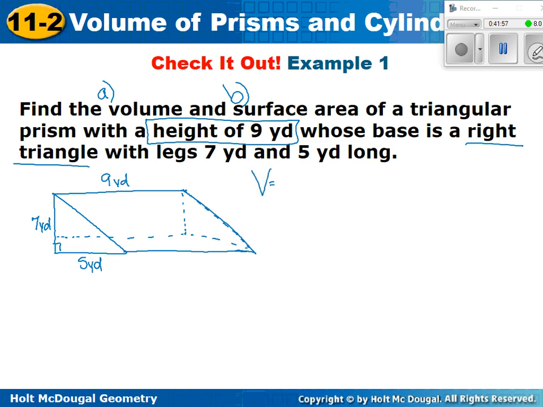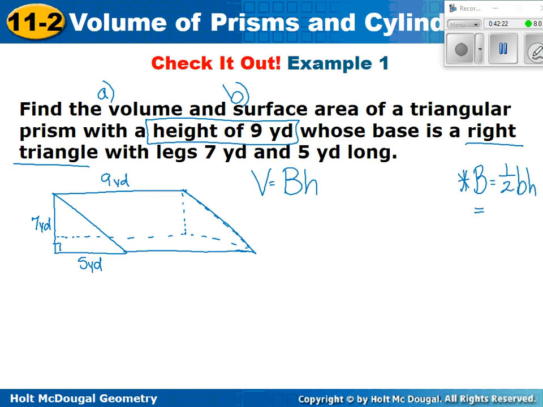So volume today, what's my formula? Capital BH. And we're going to start by finding the capital B. The base is what shape again? A right triangle. What's the formula for the area of a triangle? 1/2 base times height.